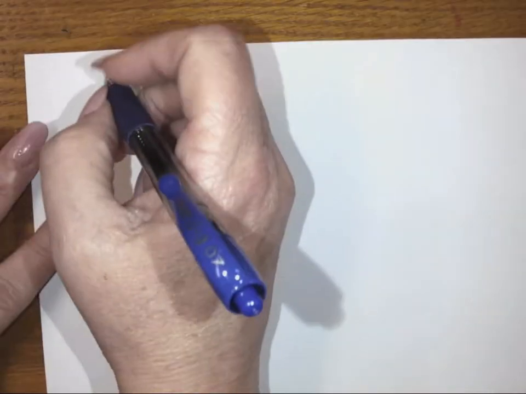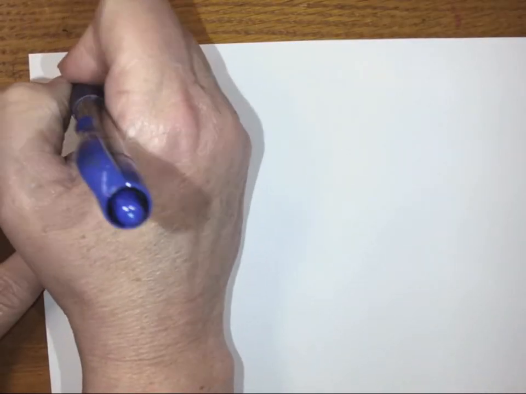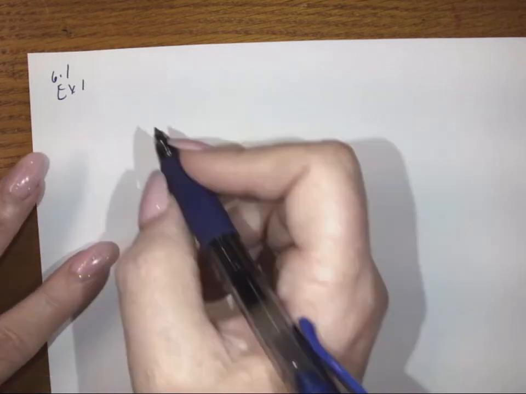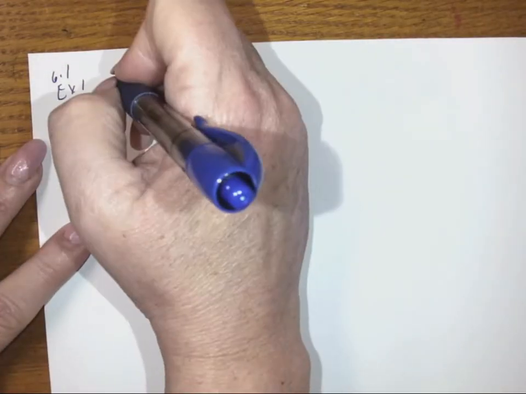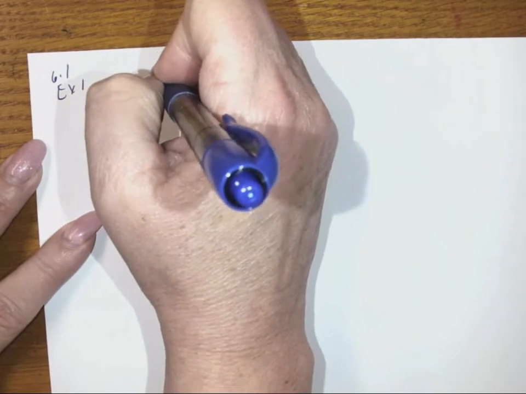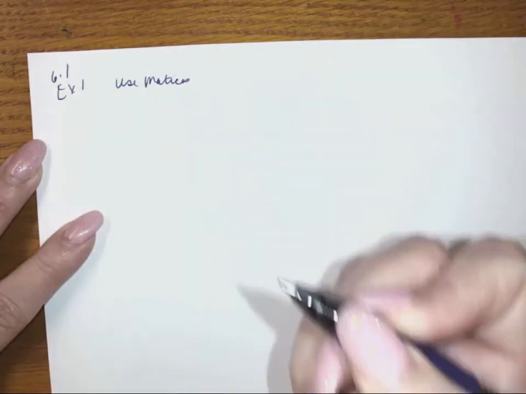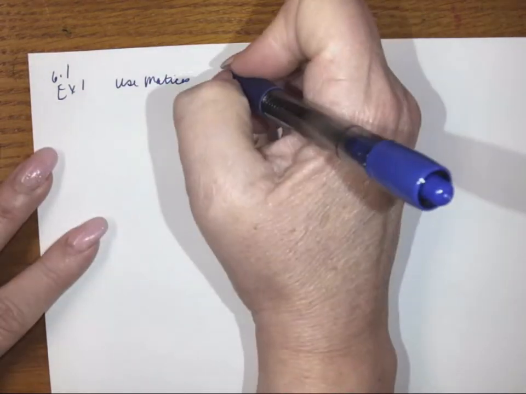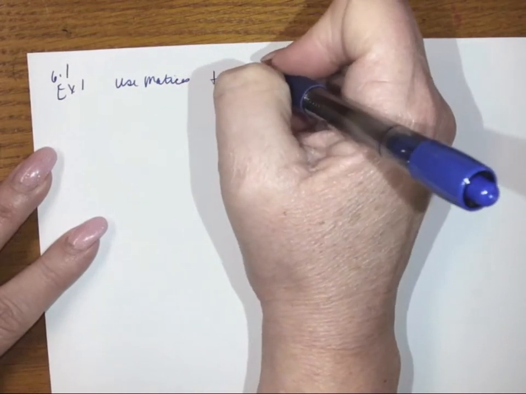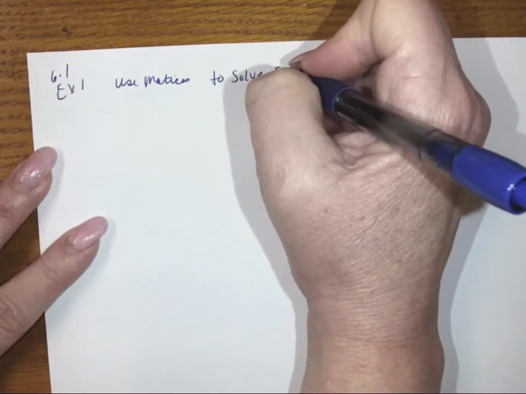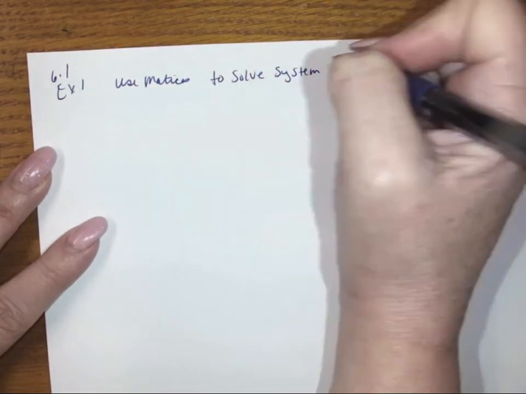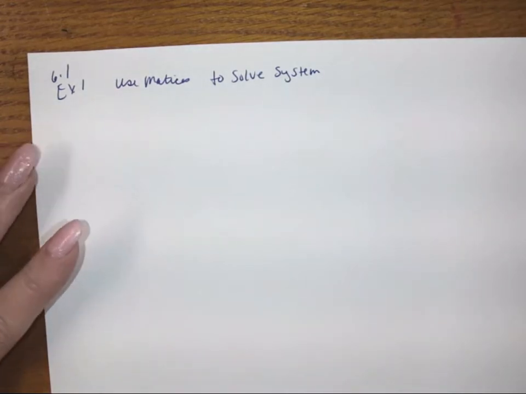So example 1, we're going to use matrices and Gaussian elimination to solve the system. We're going to use matrices to solve the system. It's also using Gaussian elimination, but I don't really want to write Gaussian elimination.